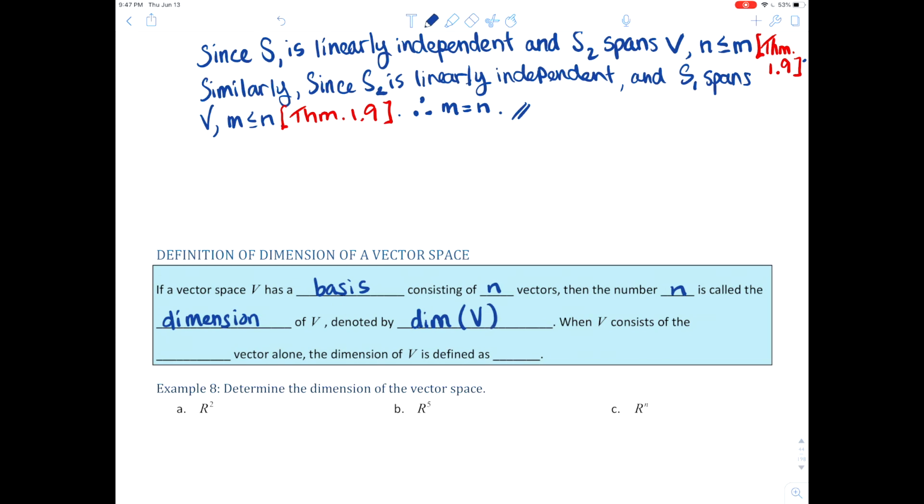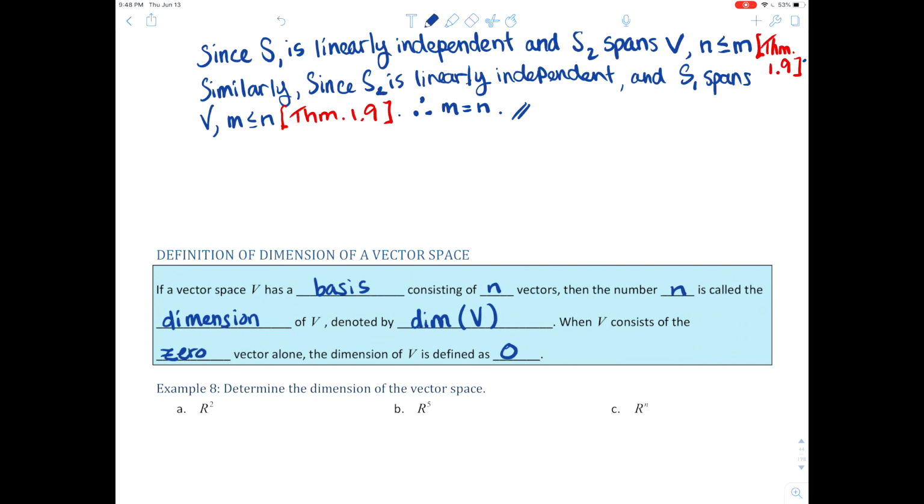When V consists of the 0 vector alone, the dimension of V is defined as 0. So in Rn, it's real easy. The dimension of Rn is n, because remember it had n vectors in the basis. Now remember this carefully, okay? This will come back. You figure out the dimension of a space by counting the number of vectors that are in the standard basis. Write that down in capital letters.